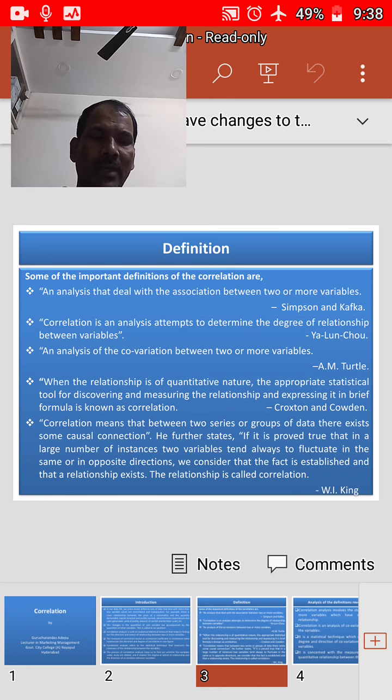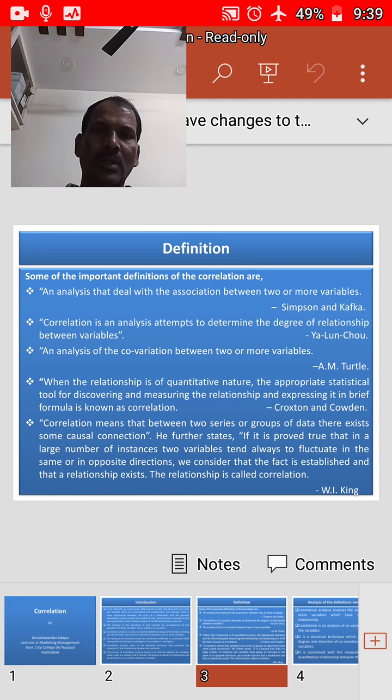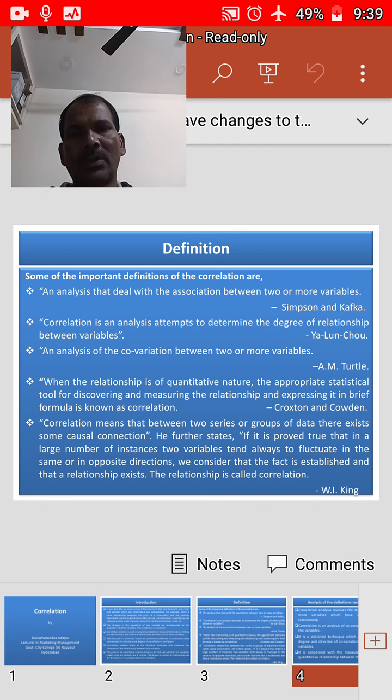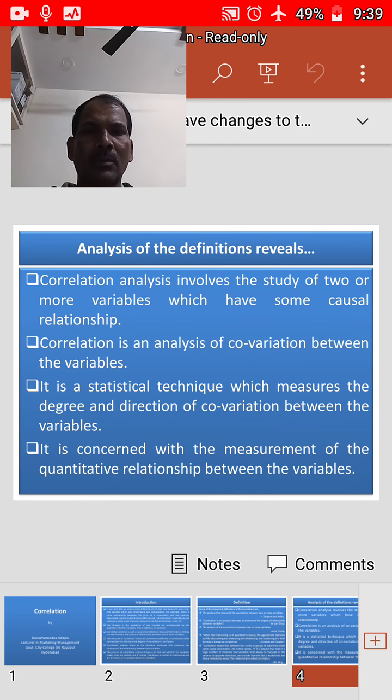We consider that the fact is established and that a relationship exists. The relationship is called correlation. We say that the relationship which exists between two variables which are moving in the same direction is also called correlation.